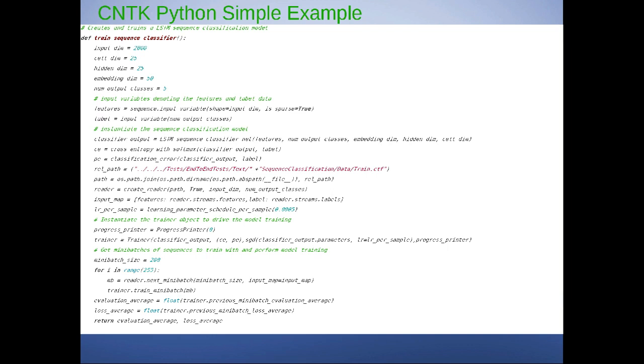Define minibatch size and training iterations to be executed using the training function. 4. After instantiating the trainer object, get minibatches of sequences to train with and perform model training. 5. Inside the training loop, using cross entropy with softmax and classification error, compute the evaluation average and loss average. Return both evaluation average and loss average to the main function.